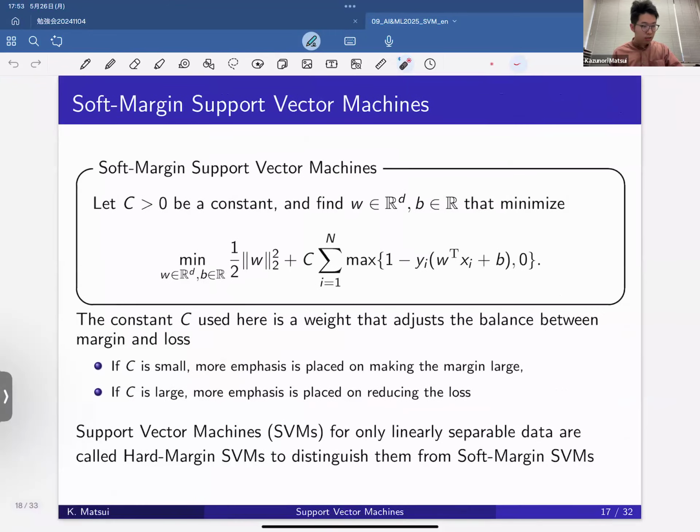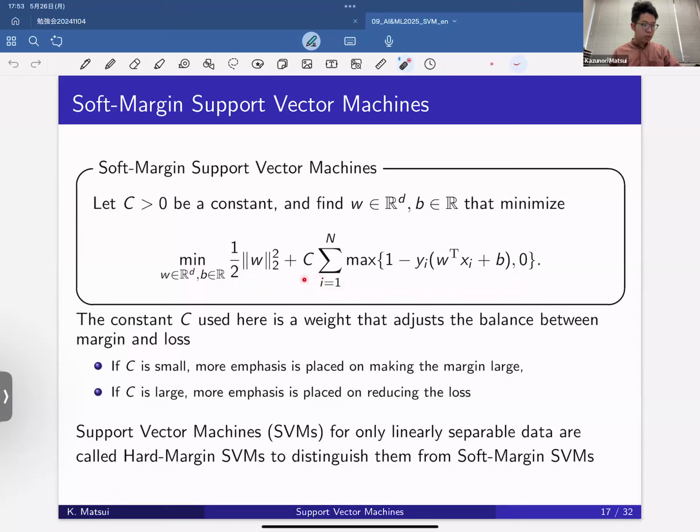The previous problem considered minimizing the squared norm of W, but we set up the problem so that the sum of the losses from earlier is also minimized. The constant C that appears here is the weight that adjusts the balance between margin and loss.